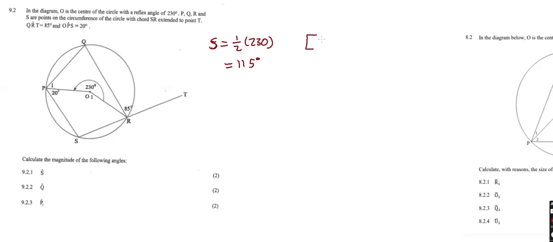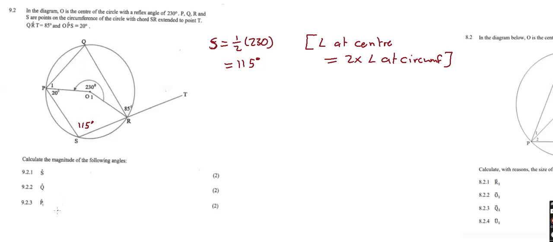And this is because angle at center equals 2 times angle at circumference. So we are done with this. So this is 115 degrees.